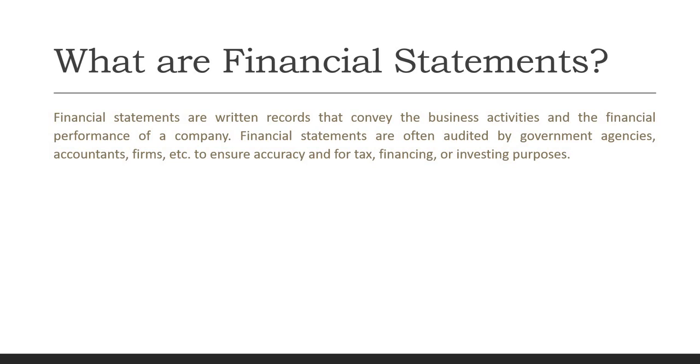In the case of an ordinary man, it's just a notebook. But a businessman will have separate accounts and separate formats to note down expenses, incomes, transactions and all those things. So when you take that written record, that is known as a financial statement.